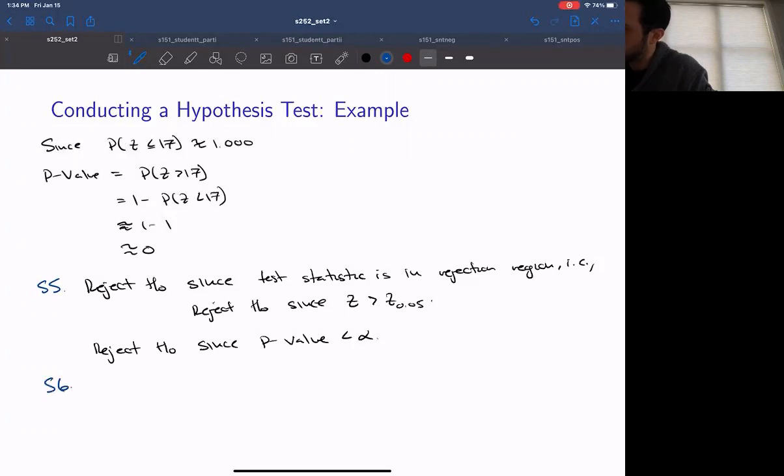All right, step 6. So in step 6, we're just going to conclude our test. So the standard conclusion for a hypothesis test reads something like this.